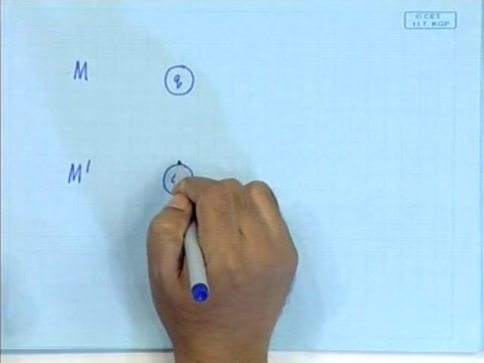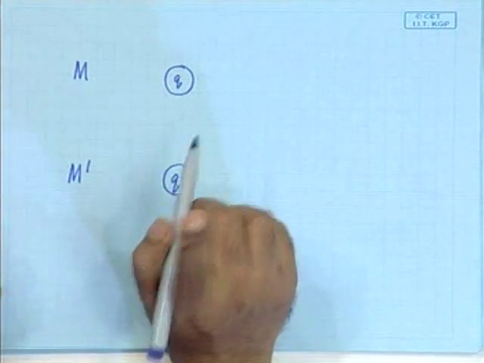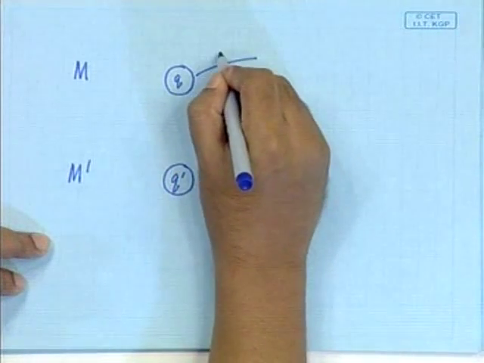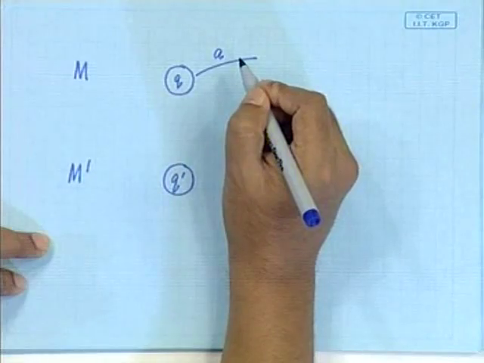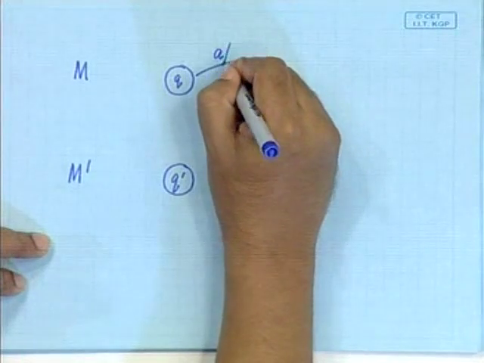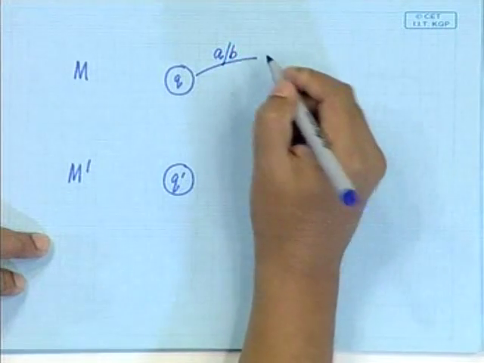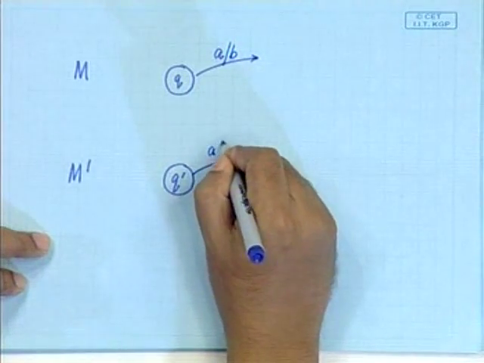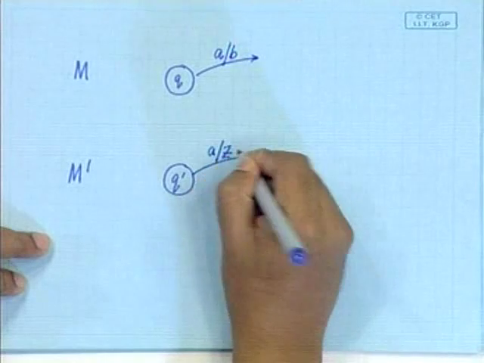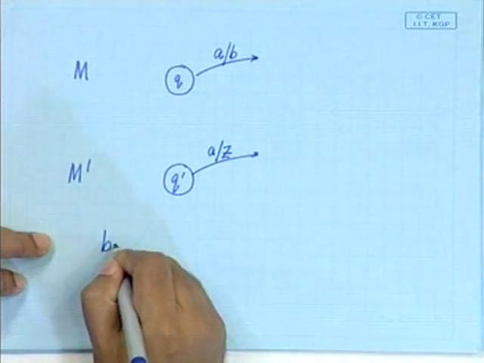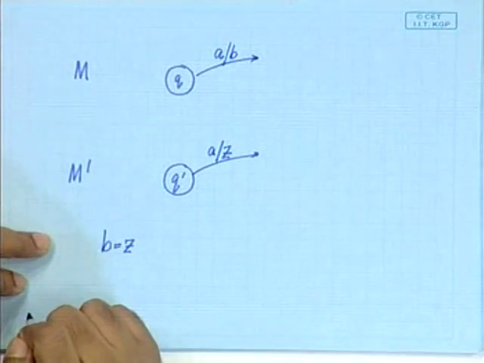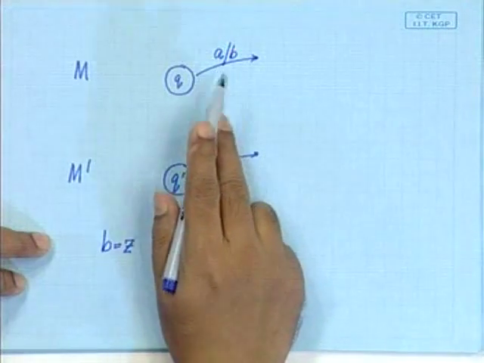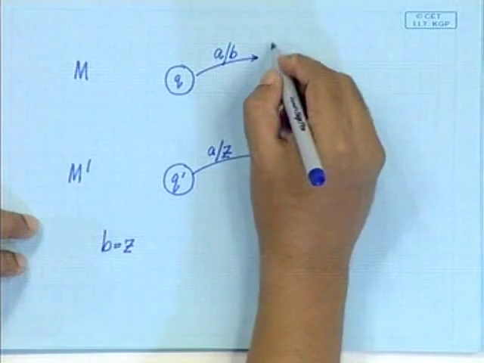If they are equivalent, then two things must hold: for every input A, if this produces an output B, and for the input A, if this produces an output Z, then it must be the case that B is Z, right.